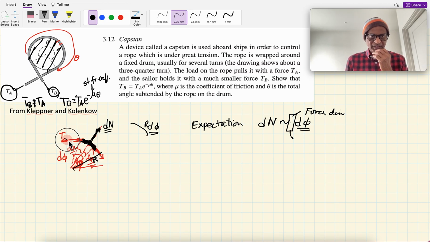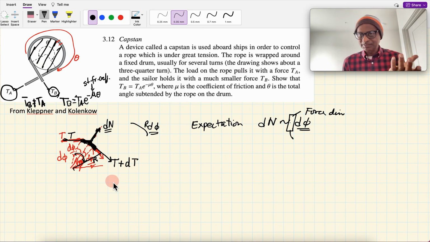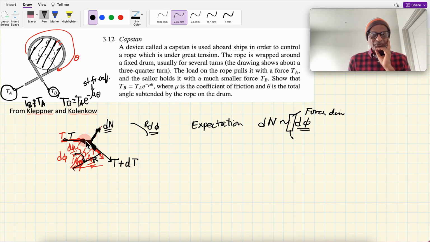So maybe this side is going to be T, but maybe the tension is increasing this way. So let's call this side T, and the other T plus a little bit more, or a little bit less. It can be positive or negative. We don't know.